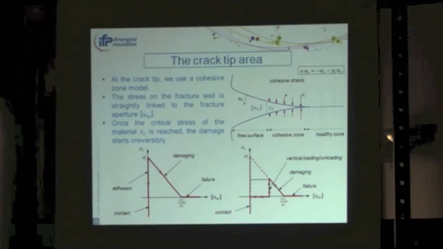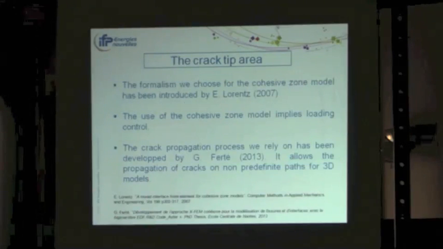So we are using a non-regularized cohesive law. And once the critical stress of the material, sigma sub c, is reached, the damage starts irreversibly. So here is a stage where damage has been made, and the cohesive law has a lower critical stress.